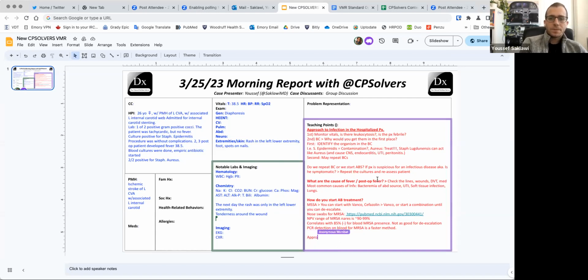So we got a CT scan of the abdomen and pelvis, and essentially there was a huge collection around the wound consistent with abscess.